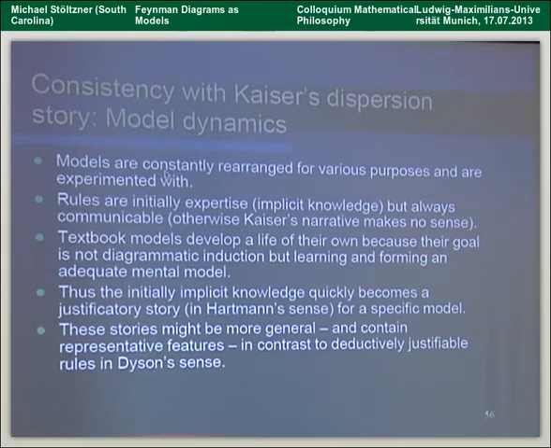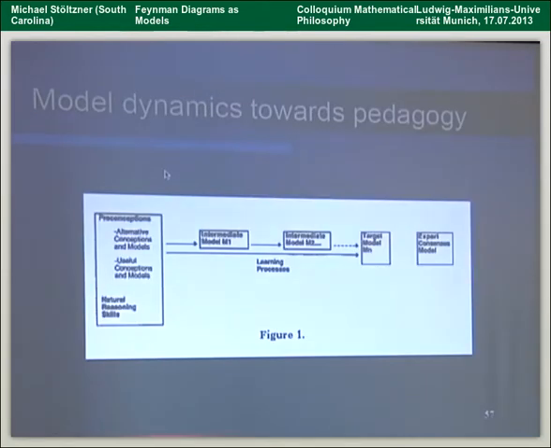So you need that this way of talking about Feynman diagrams can be transferred into sort of Hartmannian stories. And these stories might be more general or contain representative features, because we are often going far outside the realm of Dyson. And here's something which you can learn. Unfortunately, the picture isn't nice. That's how didactics people talk about it.